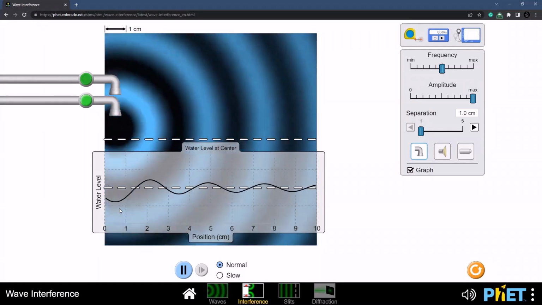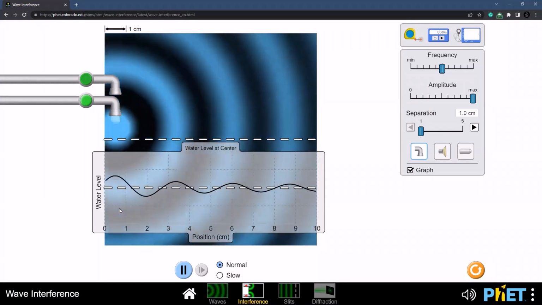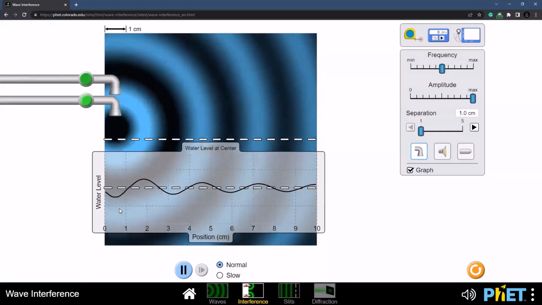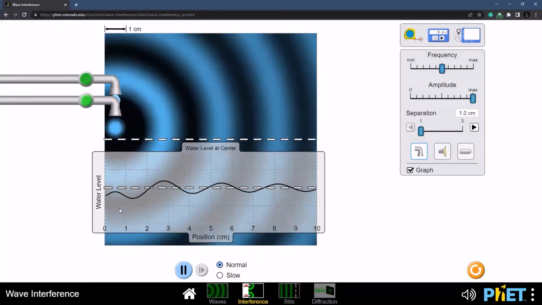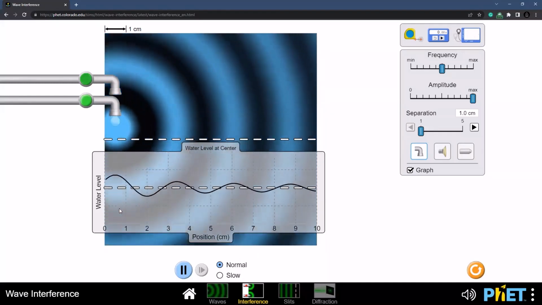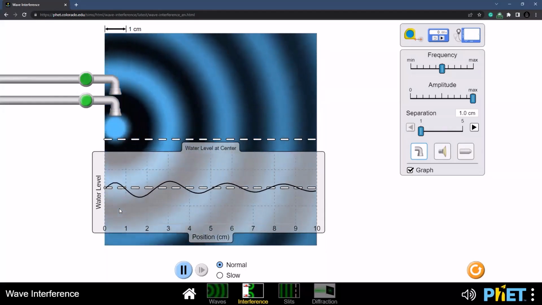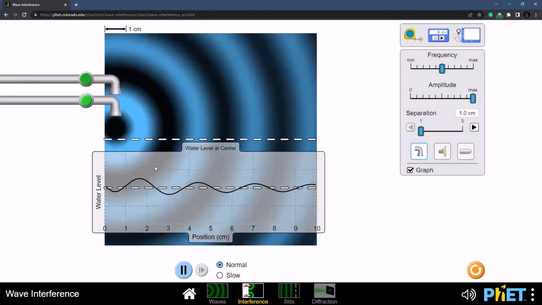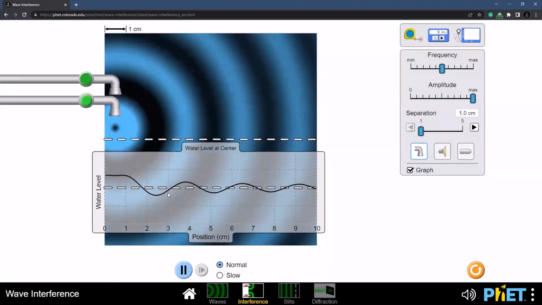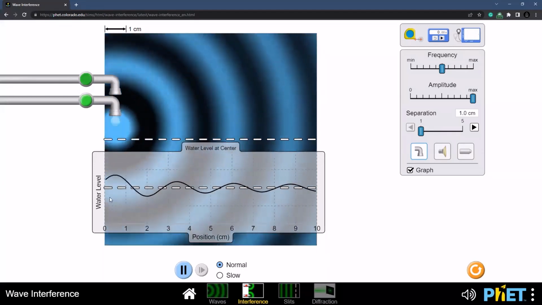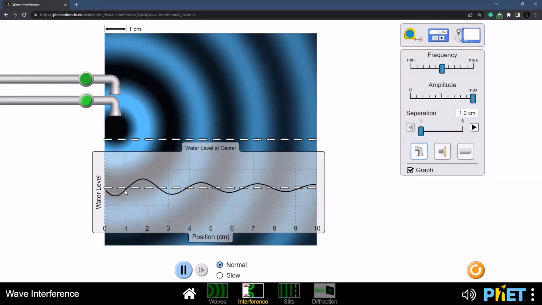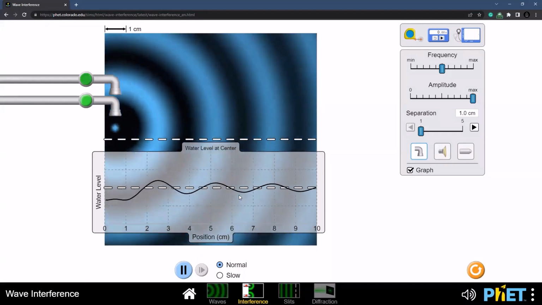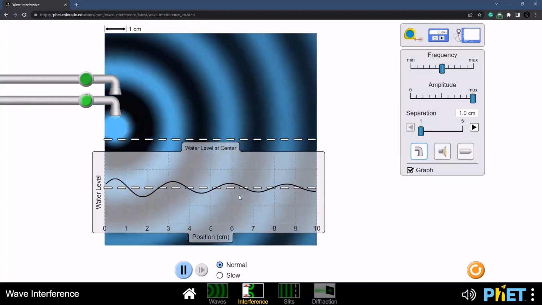Kaya meron tayong tinatawag na electromagnetic energy. It co-creates each other. So dito ang nangyari is we are simulating a disturbance sa tubig para mas madali natin ma-visualize. Okay? So nagke-create tayo ng disturbance. So nakikita niyo yung wave, no? Electromagnetic wave. So it connotes the same procedure sa electromagnetic energy.